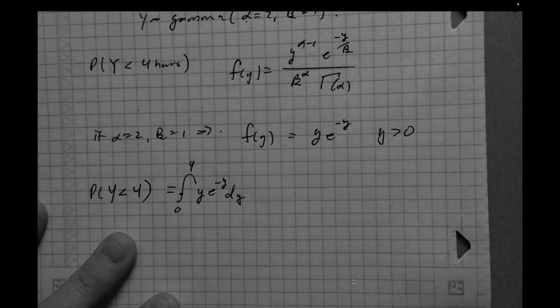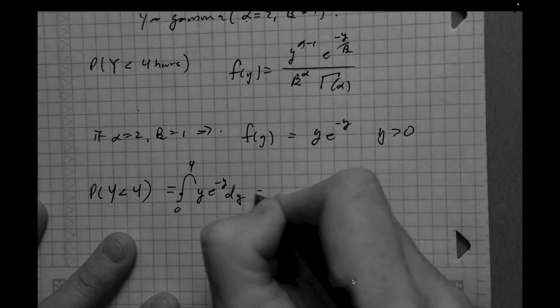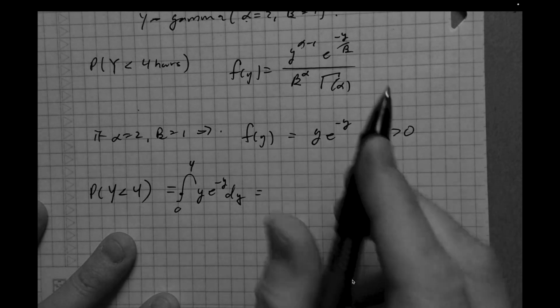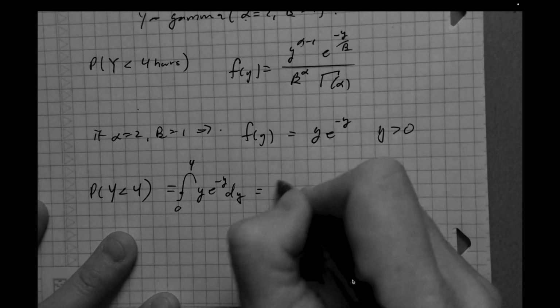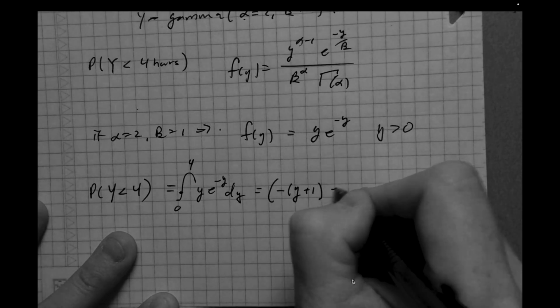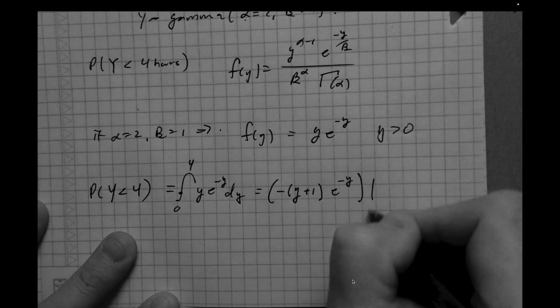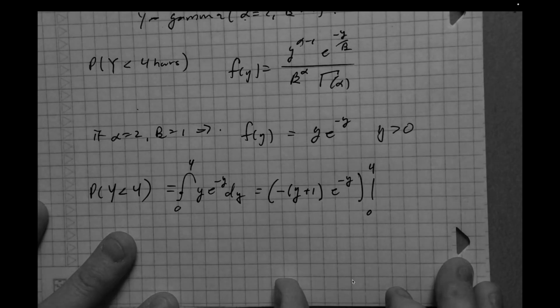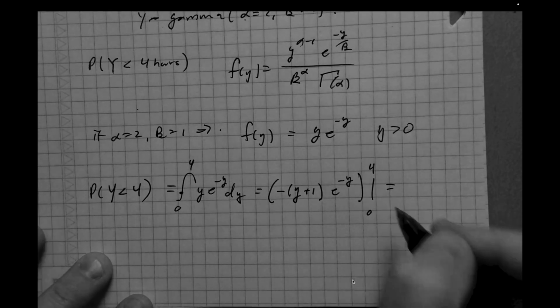Okay. And this is equal to, let's see, it'd be negative y plus 1 e to the negative y, and that's going to be from 0 up to 4. Okay, and so we can easily evaluate this.